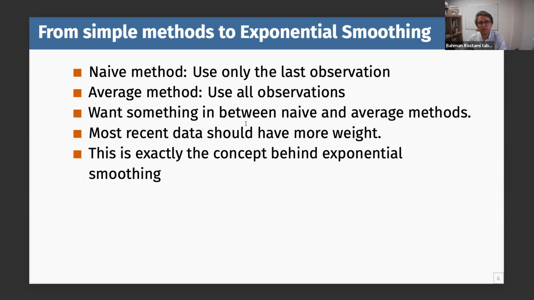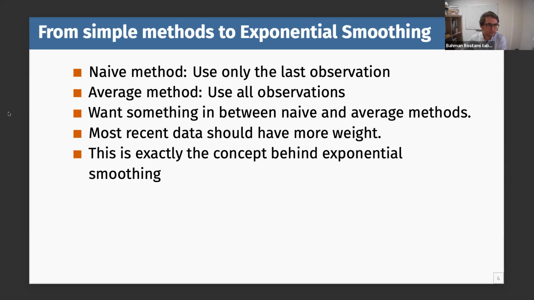All right, so you remember the 2 simple benchmarks we covered yesterday, naive and average. The naive method relies only on one observation, which is the last observation. But the average, or mean, relies on all the observations that we have seen before.